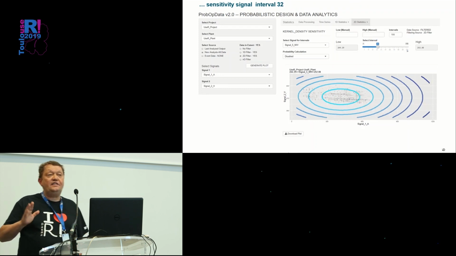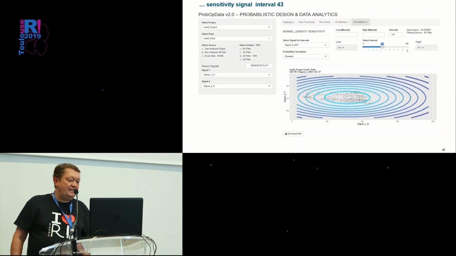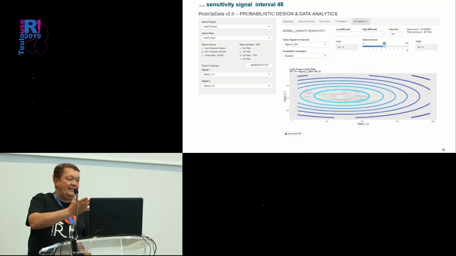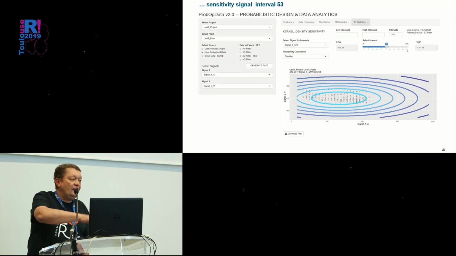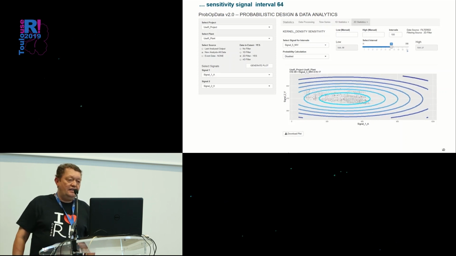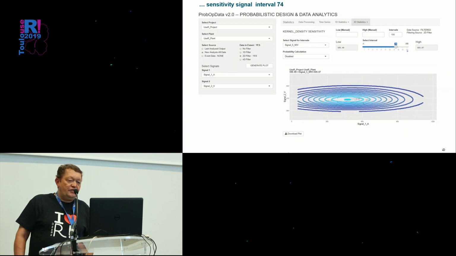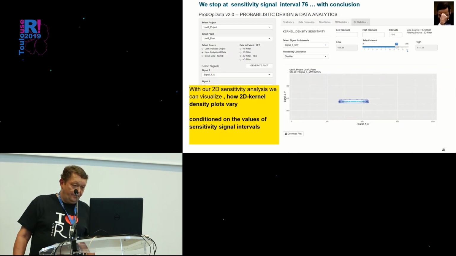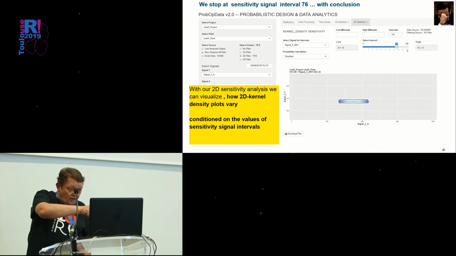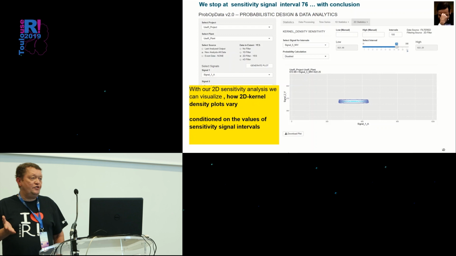It's changing. It's not so exciting because I have had to use a simple example, but sometimes it's more exciting than this. But you see how the kernel densities are changing with respect to these signal intervals. Can do it with other things like ECDFs and so on. So we see how 2D kernel density plots vary conditioned on the values of sensitivity signal intervals. That's what I wanted to show here.